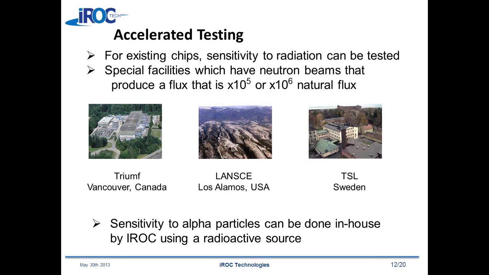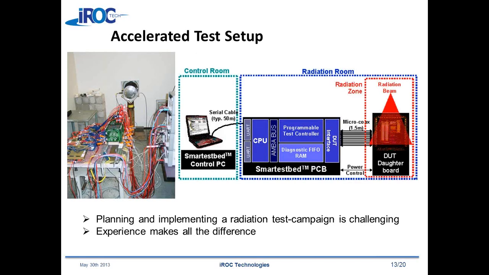Now, here we see that when you want to do this accelerated radiation testing, it's quite a setup. On the left of the screen, you can see a radiation experiment where we have many boards stacked in a row that are going to be exposed to a neutron beam, and then we need test equipment to monitor the boards.